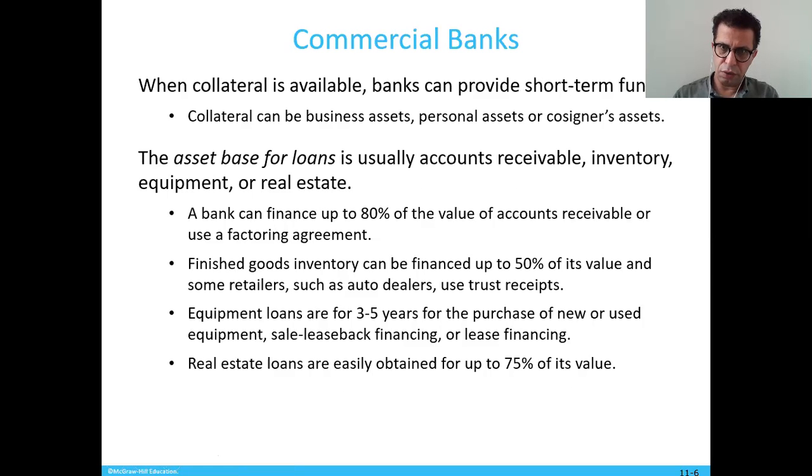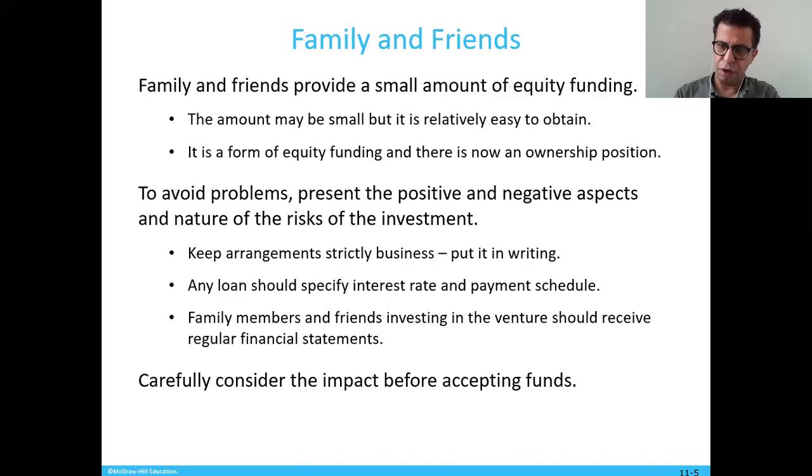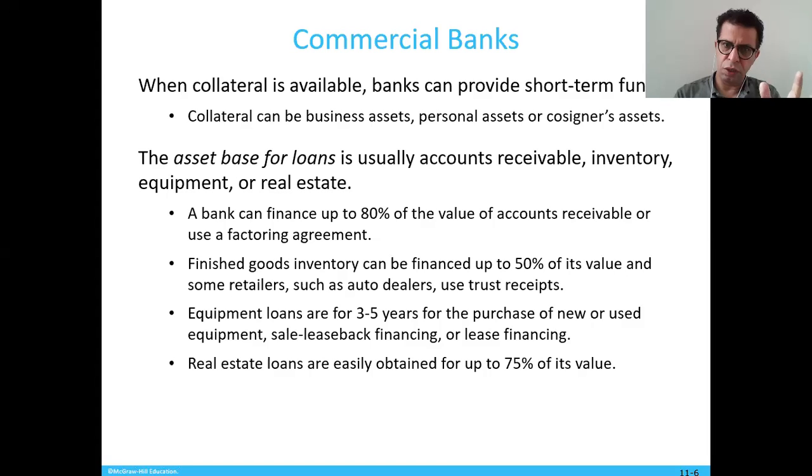Earlier we spoke about family or friends, how you borrow money from them. Now you need to talk about going with the commercial banks. When collateral is available, the bank can provide you short-term funds.